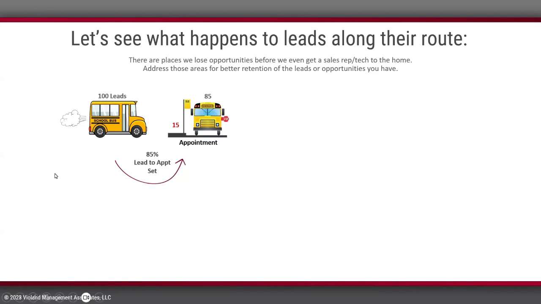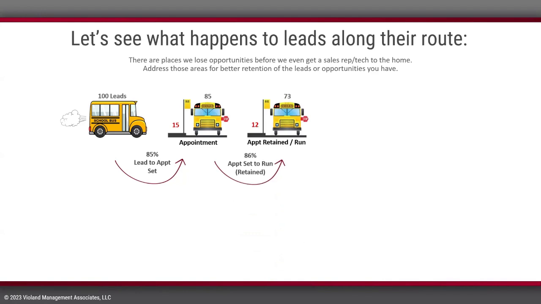Well, we continue on down the road to the next bus stop, and the bus stops, and 12 leads got off the bus. Well, why did these 12 get off the bus? Well, because although we had 85 appointments set, somewhere between the time that we set the appointment and we went there, 12 of them canceled.